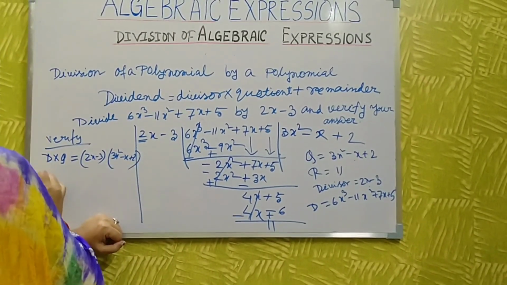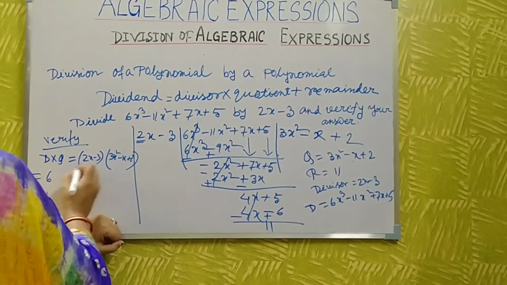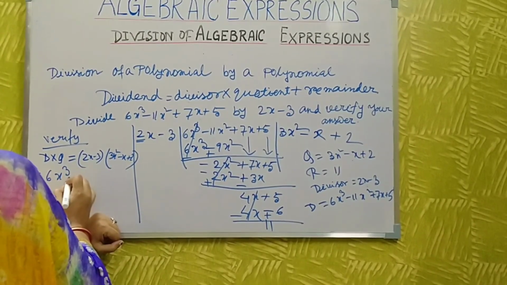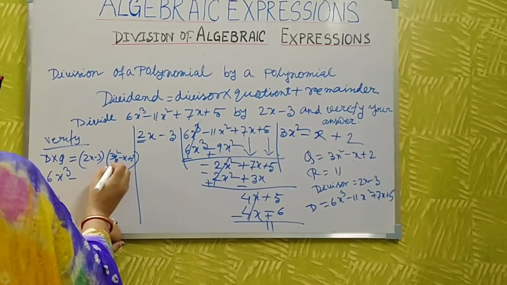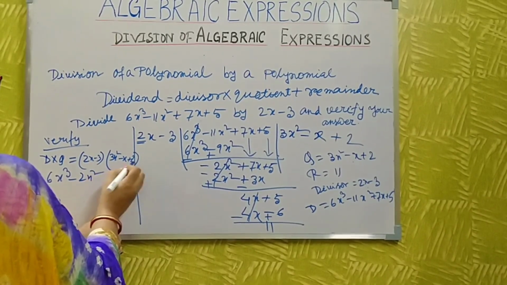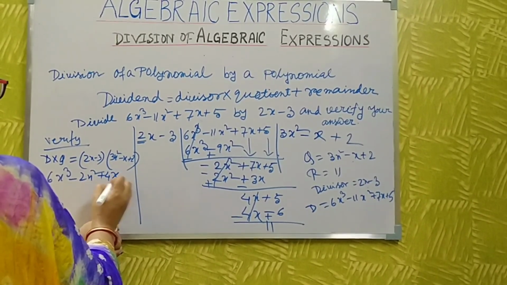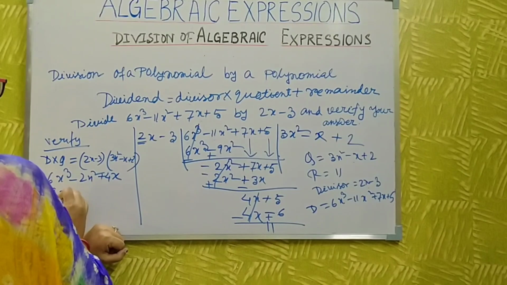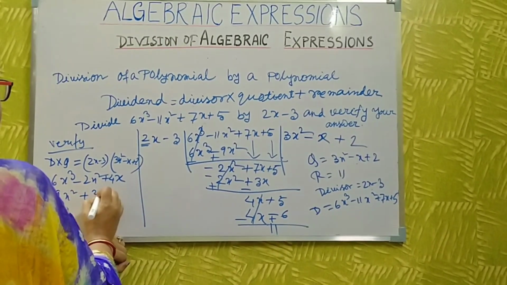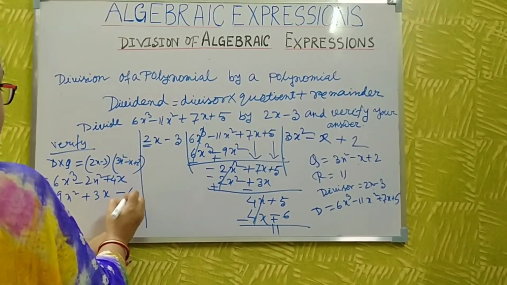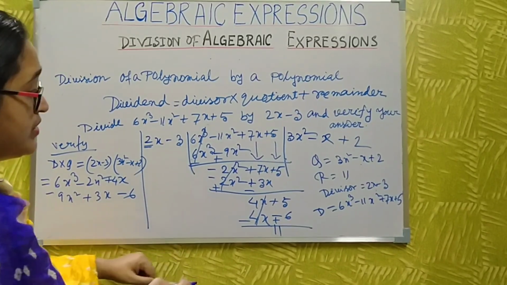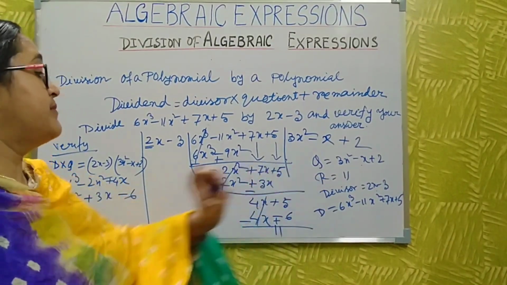Then you do the multiplication: 6x³ minus 2x² plus 4x minus 9x² plus 3x minus 6. Then what you do? Plus remainder.